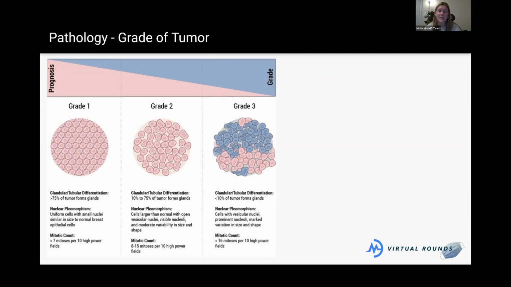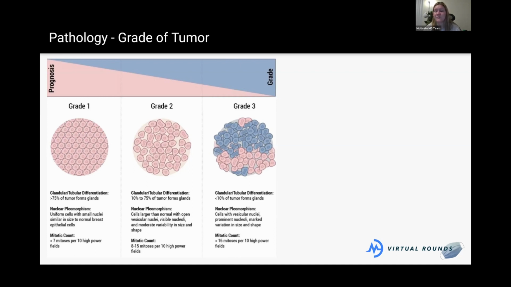Then grade 2 is in the middle. It has a little more loss of architecture and loss of differentiation, with everything moderately changed and a slightly higher mitotic count. And then grade 3 is the worst. You can see in this little illustration that we have a lot of cell variability and way less differentiation.